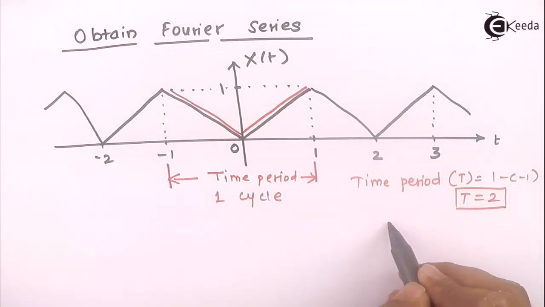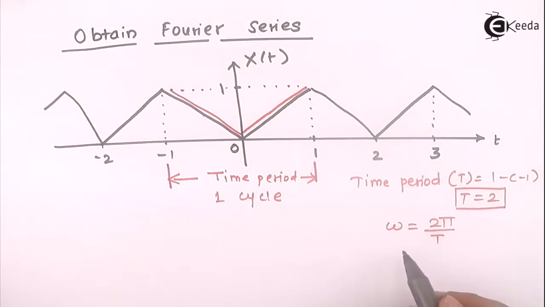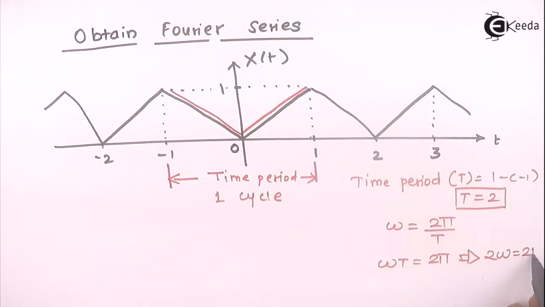The fundamental frequency omega is 2 pi by T. So now I can say omega T is 2 pi, which implies 2 omega is 2 pi, or in other words omega is nothing but pi.